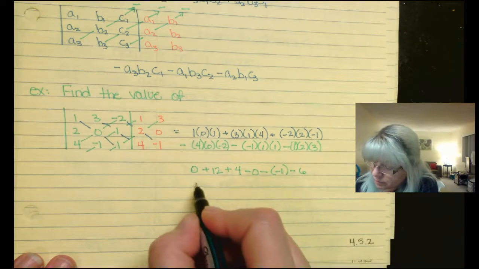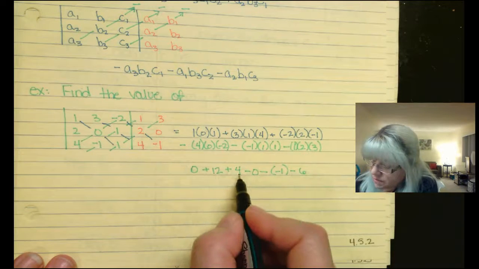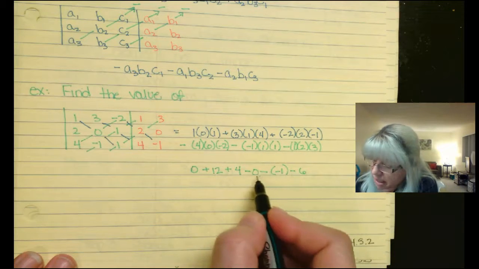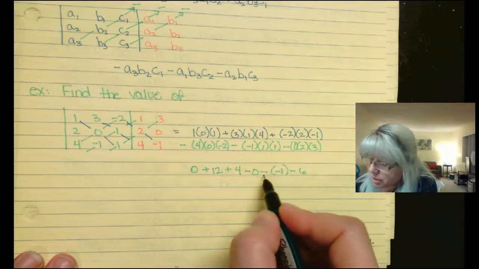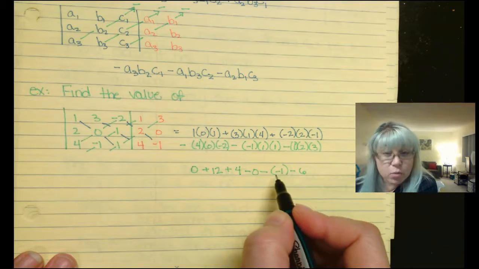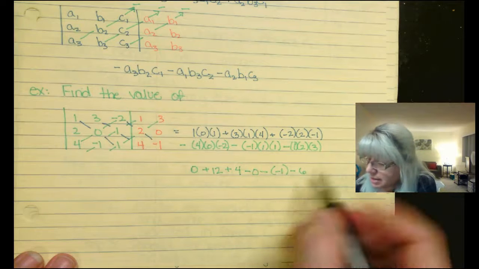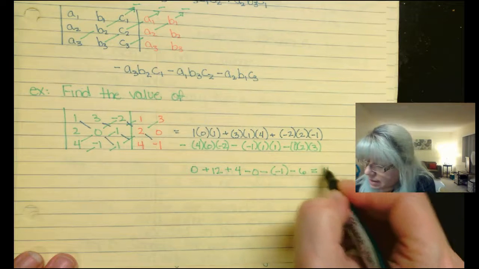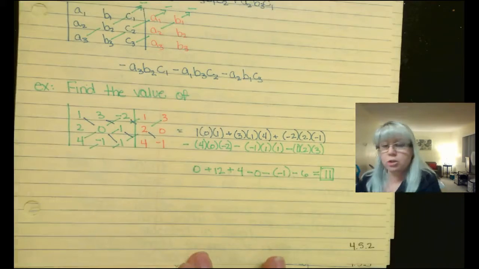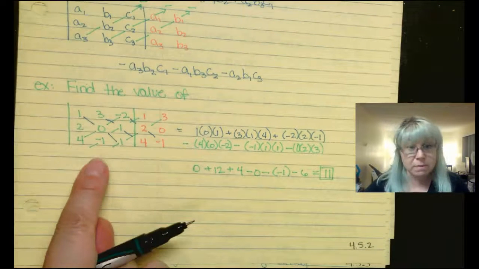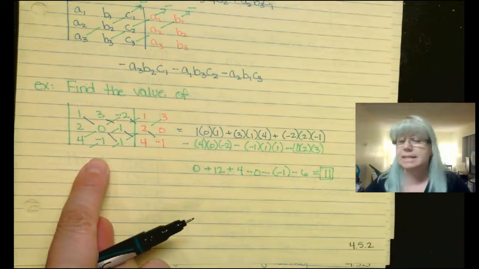Almost there. 0 plus 12 plus 4 is 16. Minus 0 is still 16. Minus a negative 1 is 17. Minus 6 is 11. Okay, so the determinant for this 3 by 3 matrix is 11.